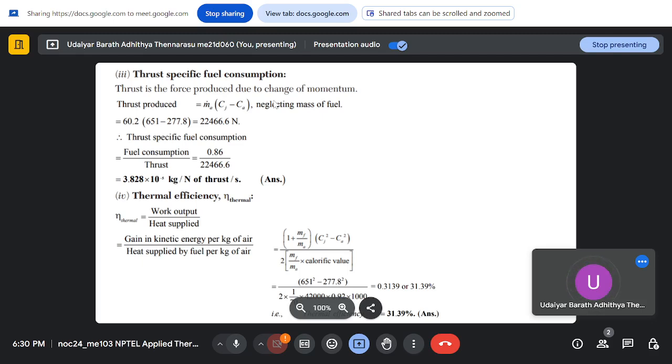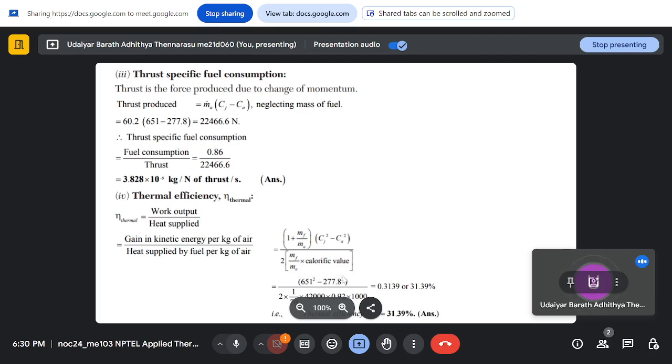So this becomes my total mass flow rate per kg of air, which is 1 plus mf by ma, into my velocity change, so V square exit by 2 minus V square inlet by 2. So that is the change in kinetic energy, divided by mf by ma into calorific value.